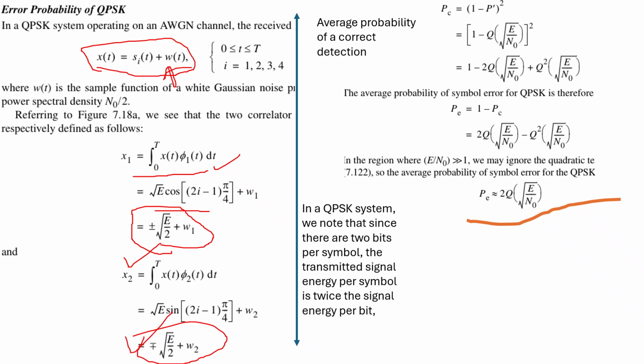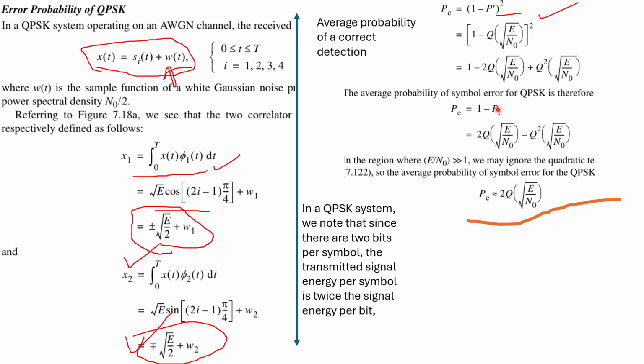So the average probability of a correct detection is 1 minus p dash, whole square. So now if we put p dash equal to Q of square root of E by N naught, then you will get (1 minus a) whole square, like 1 minus 2a plus a square. Since this will contain the higher terms, we can neglect it. So directly you can get the second term.